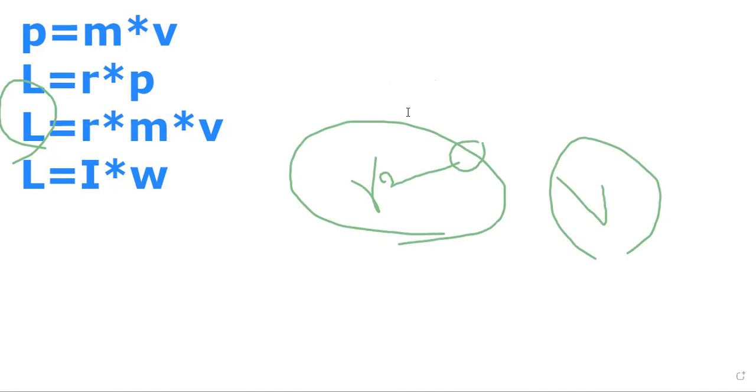Okay, I'll draw. Decreased like that, so the V increased. Yes, that's right. What will happen if R decreased by half? So V increased by 2 to make it at last conserved.